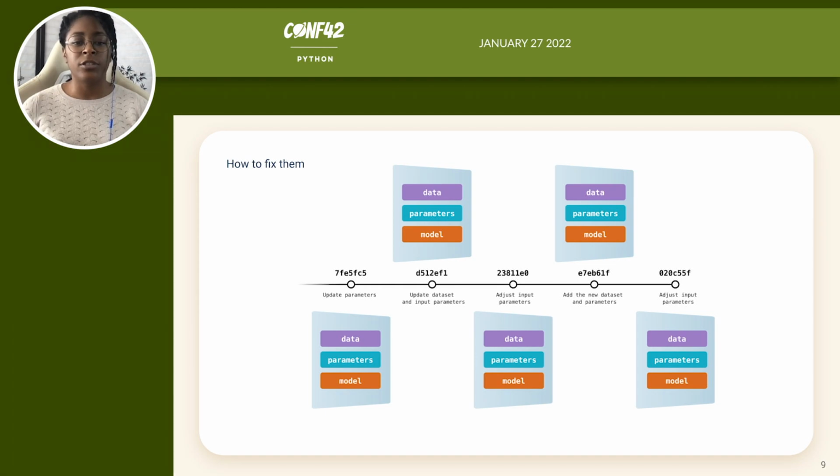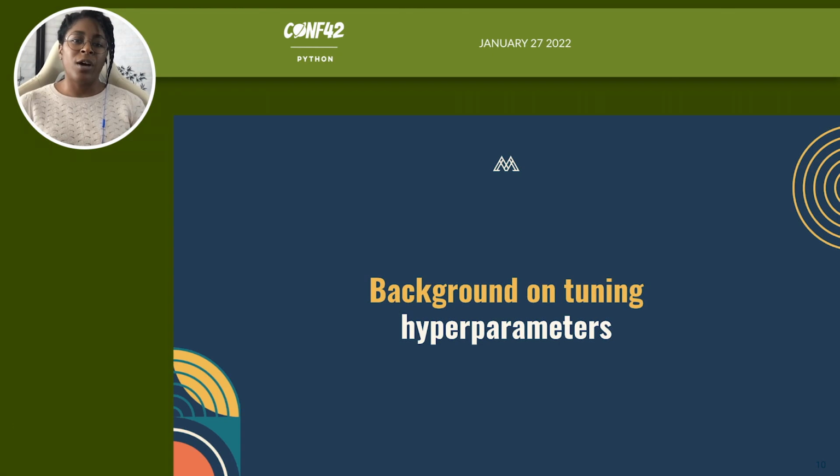So as you're adjusting your parameters, as you're updating your data set, you want to be able to track each of those experiments, kind of like you see on the screen here. That's why we're going to talk about a little background on hyperparameter tuning before we jump too deep into how we fix the problem.